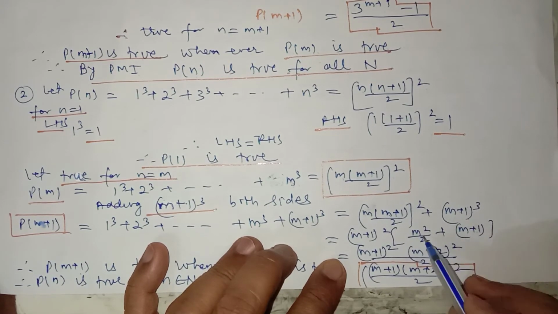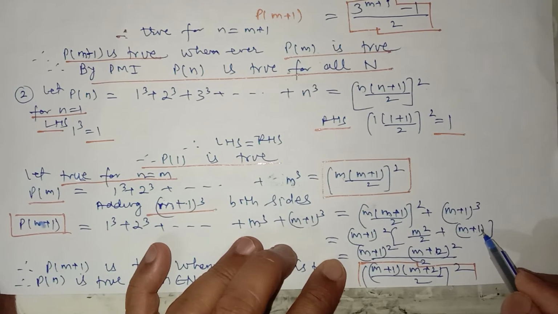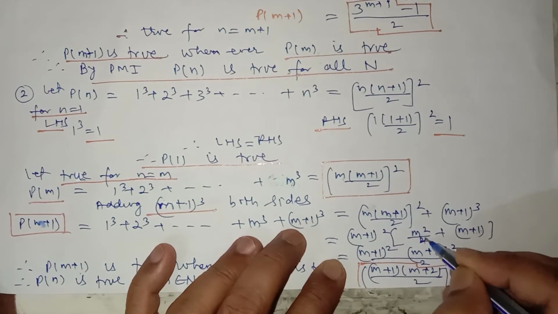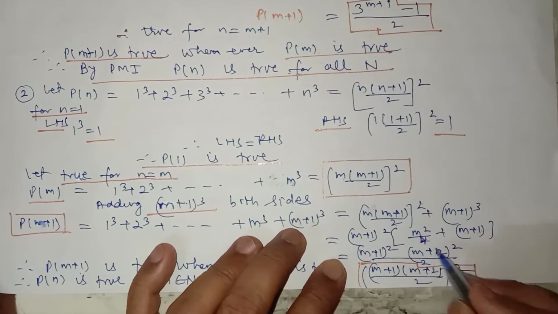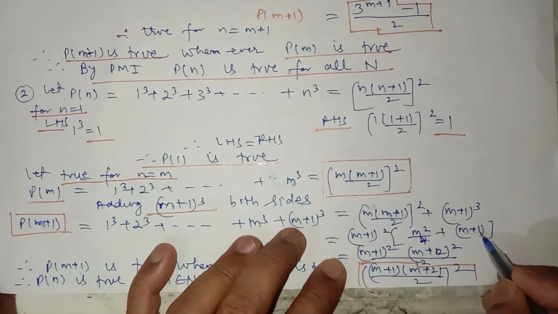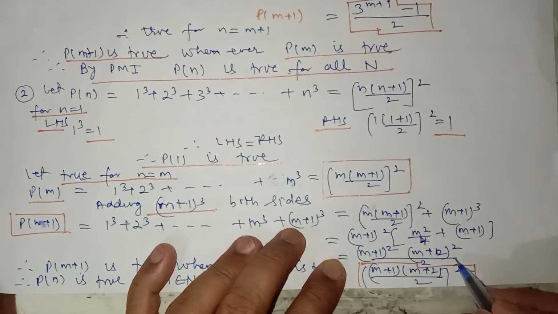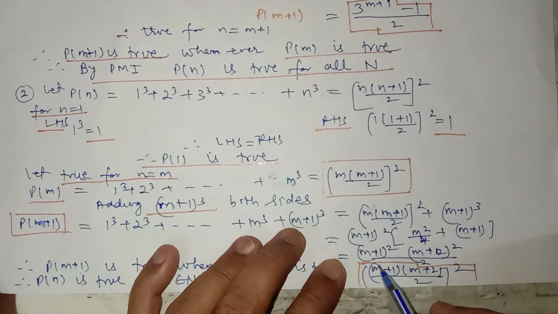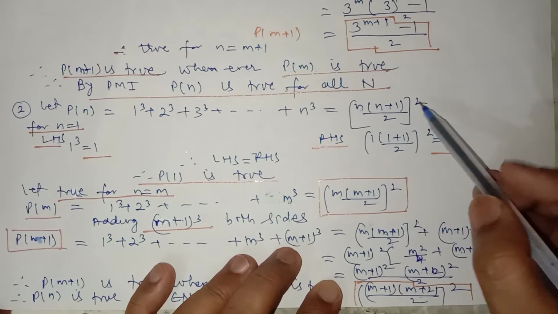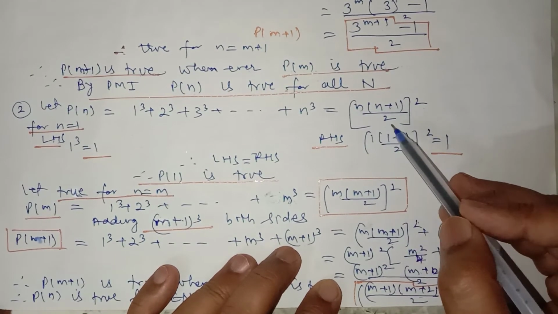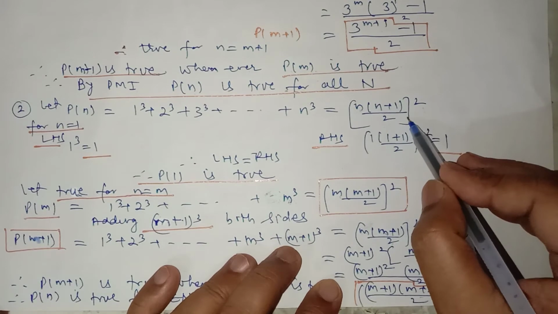Adding these two terms, this will be the whole square of m plus 2: m square plus 4m plus 4, which is the square of m plus 2, and the 2 as it is. So it comes out to be m plus 1, m plus 2 upon 2 whole square, which we have obtained in the right hand side.